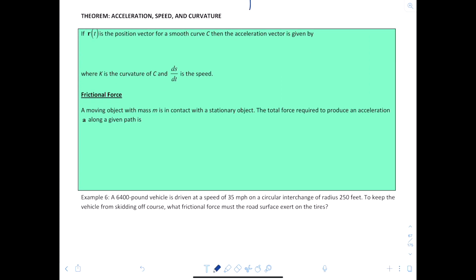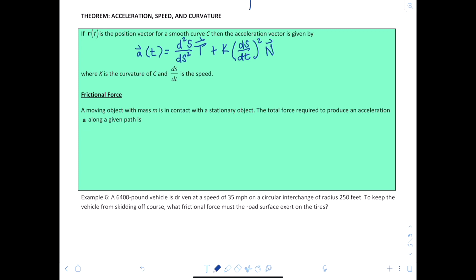If r(t) is the position vector for a smooth curve C, then the acceleration vector is given by a(t) equals d²s/dt² times our unit tangent vector T plus k times (ds/dt) quantity squared, times our principal unit normal vector N, where k is the curvature of C and ds/dt is the speed.